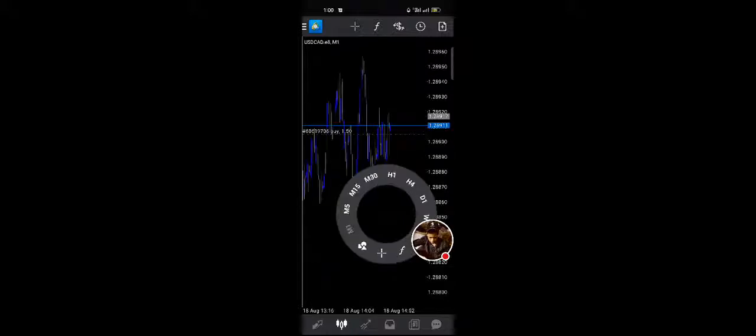Okay, edit. So our stop loss is 1.28740. Our TP is 1.292. Let's just say 200. As you can see, price is literally trying to explode currently. So basically, that is that. You can see my entry right here.